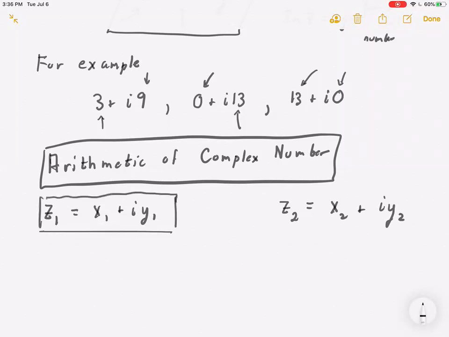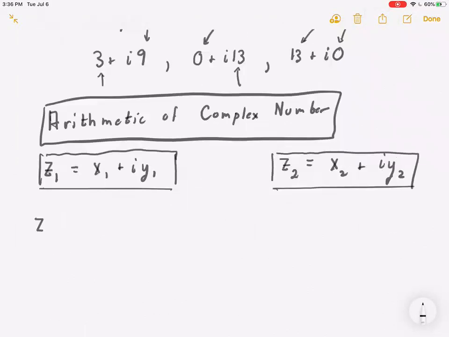And y sub 1 and y sub 2 are the imaginary parts of z sub 1 and z sub 2, respectively. Suppose I want to add z sub 1 to z sub 2. Well, all I have to do is add their real parts and then add their imaginary parts and simplify. So I'll get a new result that has a real part and a new result that has an imaginary part.